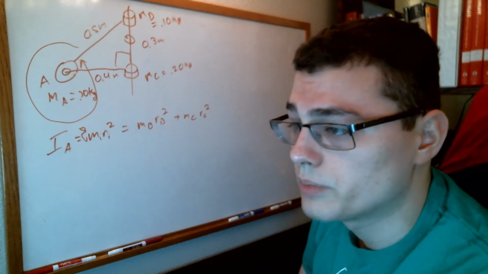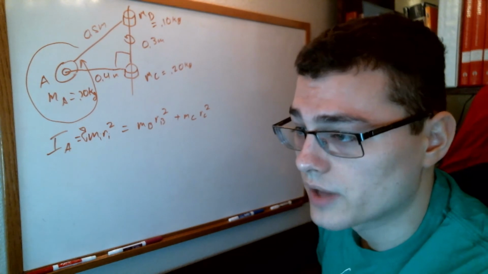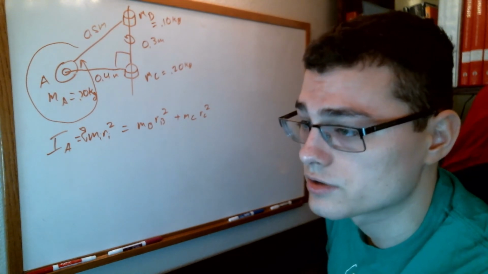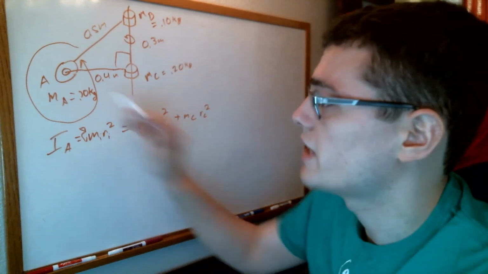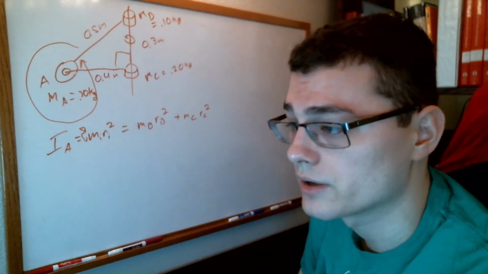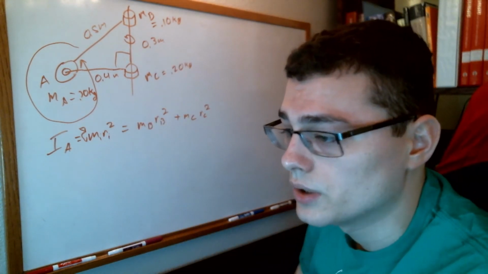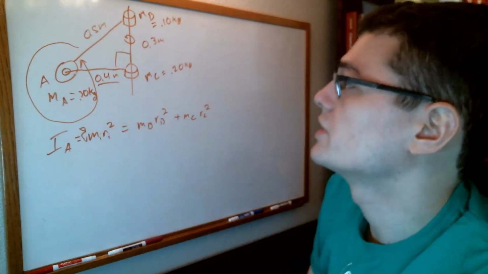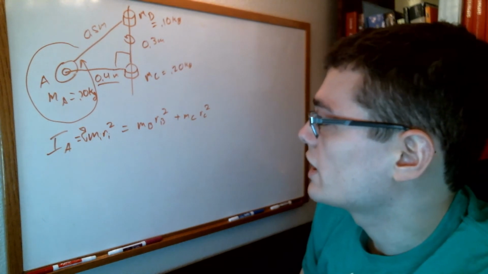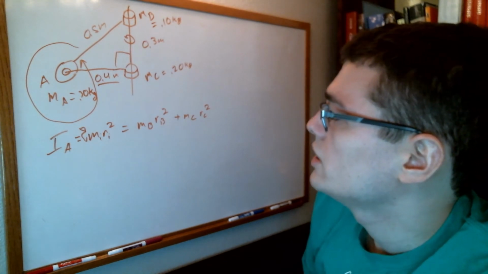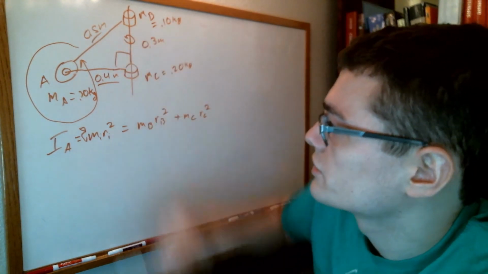So then B asks, what is the moment of inertia about the axis through the centers of disc B and C? These two are now going to be r equal to 0, and then A is the only one that matters. And so this distance here is going to be the distance from the axis that A rotates from. And so this distance here is going to be irrelevant.